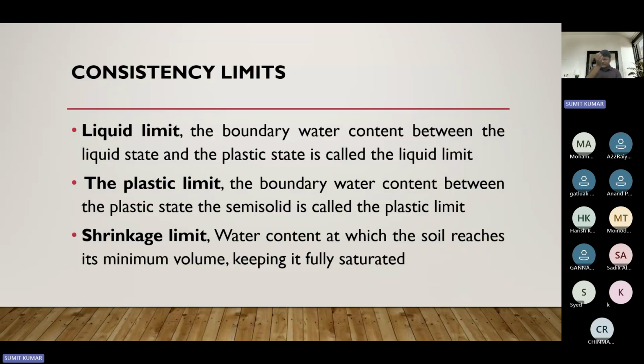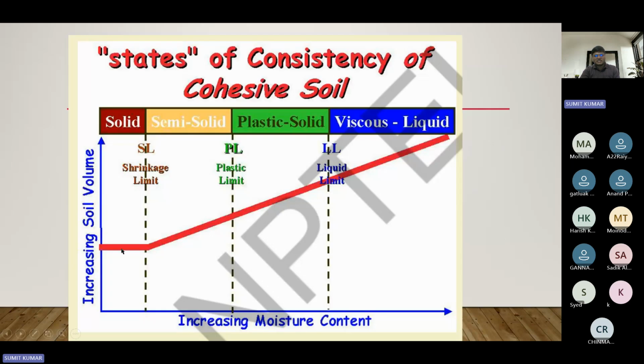As I have said already, at this point it is fully saturated. The air void present is replaced by water. Hence, the change in volume doesn't take place from this point till the shrinkage limit is reached.